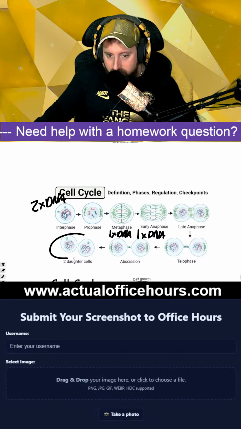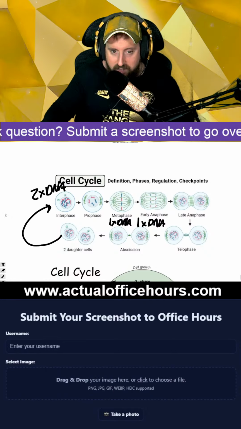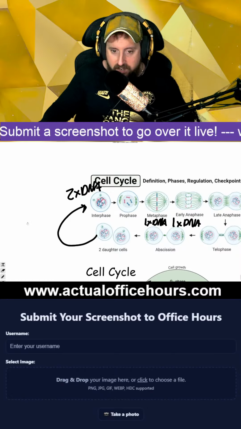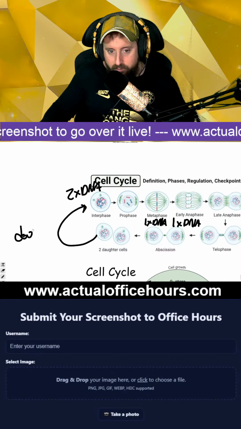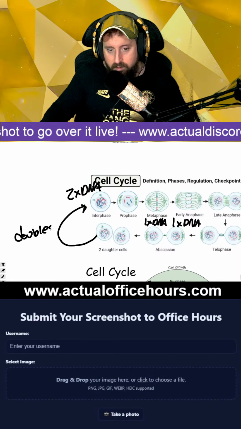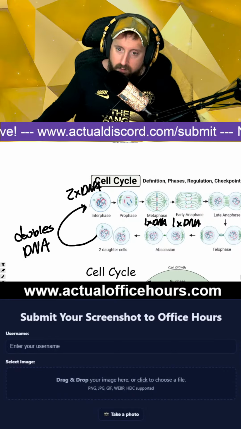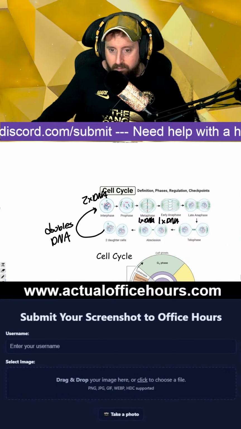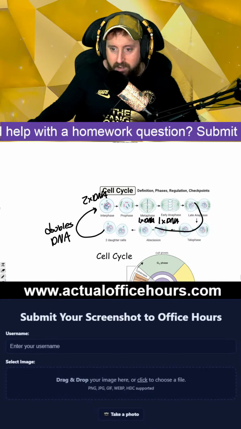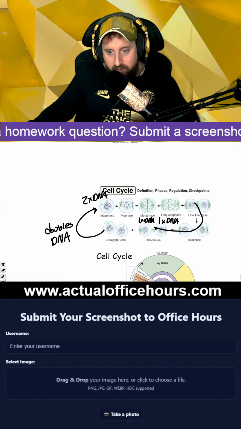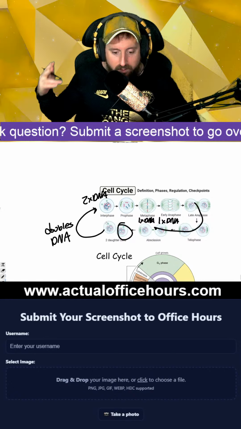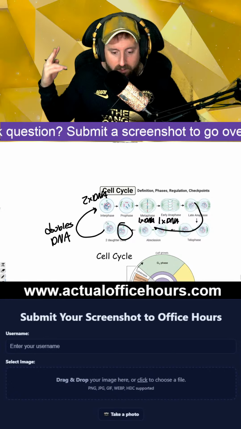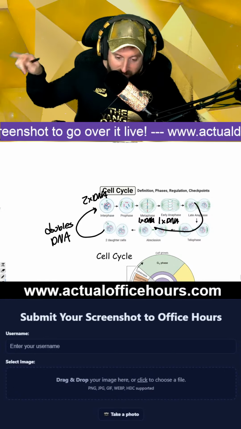But then these cells go into interphase again to double their DNA in each one. So this phase doubles the DNA. And then the cycle repeats: DNA doubles, it gets pulled off to 2 different sides of the cell, it splits, and you have 2 new cells that each have 1 DNA in it. And then it doubles again.